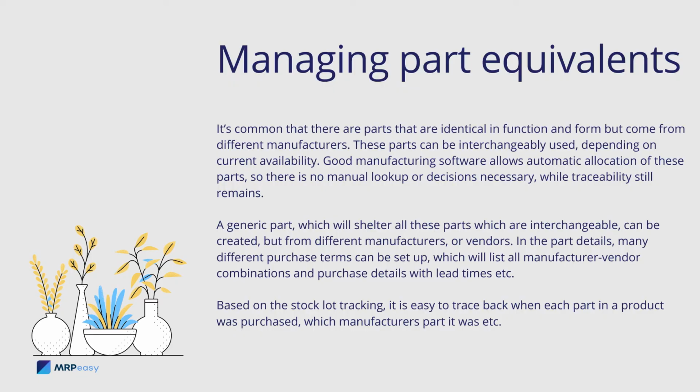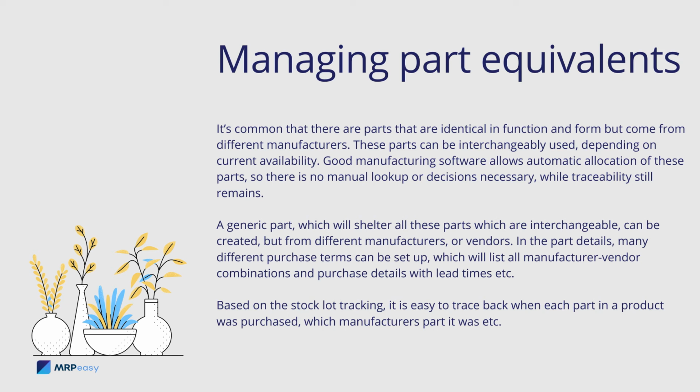It's common that there are parts that are identical in function and form, but come from different manufacturers. These parts can be interchangeably used, depending on current availability. Good manufacturing software allows automatic allocation of these parts, so there is no manual lookup or decisions necessary, while traceability still remains. A generic part, which will shelter all these parts which are interchangeable, can be created, but from different manufacturers or vendors.